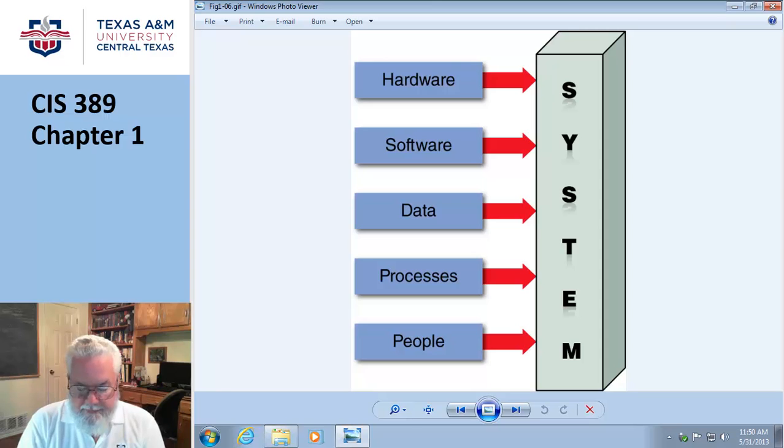Continue on page 16. Then they have business support systems, and they provide job related information to users at all levels. They can work hand in hand with the TPS, but generally provide information. And I guess we really haven't gone over the definition, but the difference between data and information.